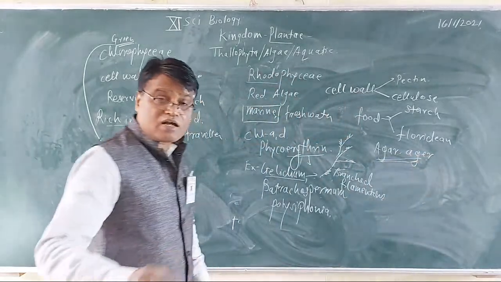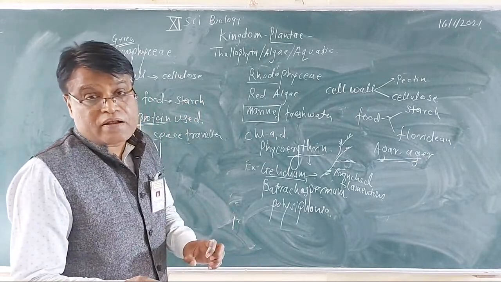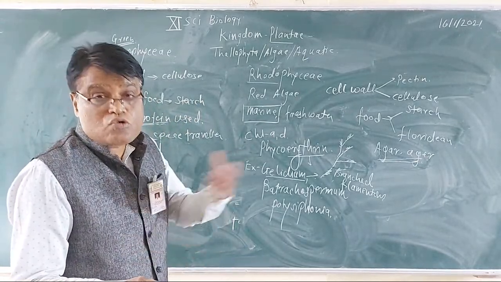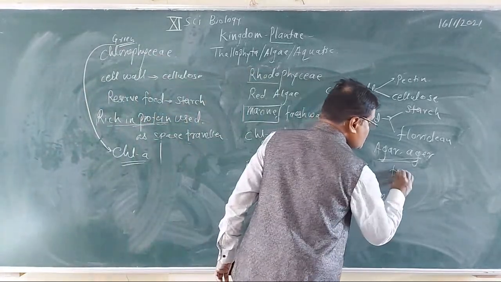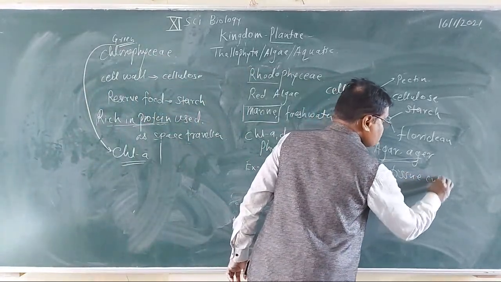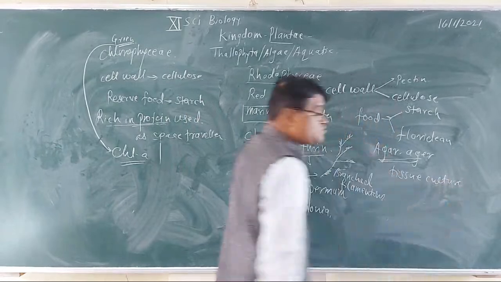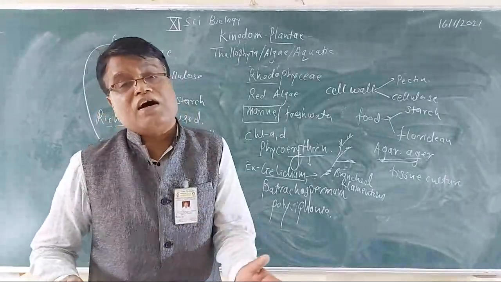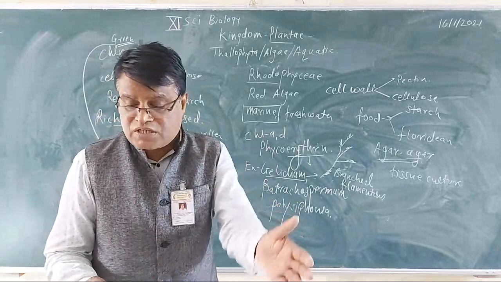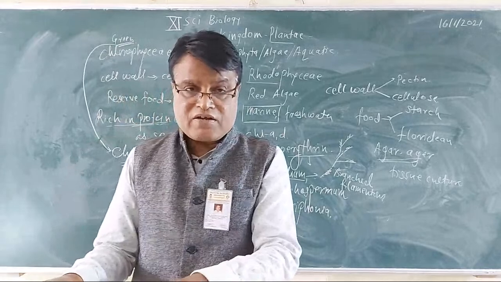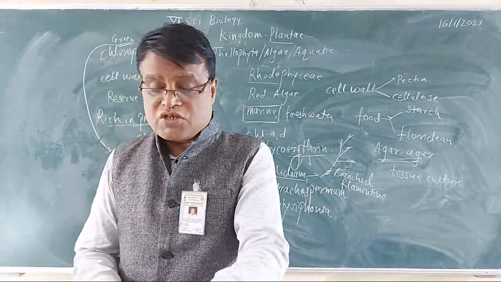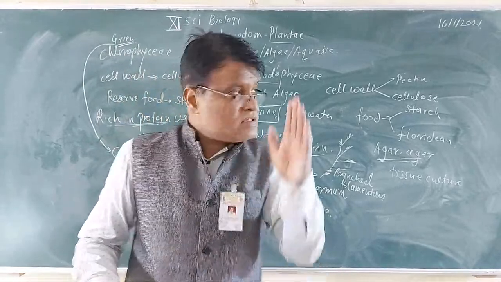This one is agar, prepared for the study of tissue culture, the branch of tissue culture. So the production of agar for tissue culture is an important factor in the case of the Thallophyta.